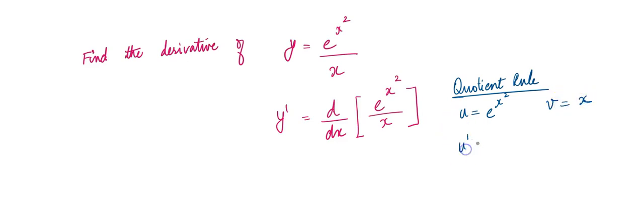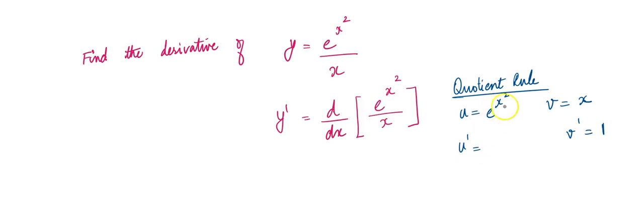So when you write it like this, it kind of pushes you to realize that to do the derivative, because it's in a fraction form, we have to use the quotient rule. Okay, so you need u, the numerator is your u, and your denominator is your v. Okay, you need to find u prime, and then you need to find v prime. v prime is very simple, it's just 1.